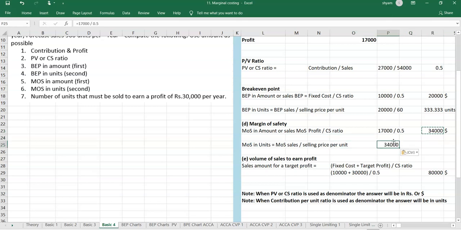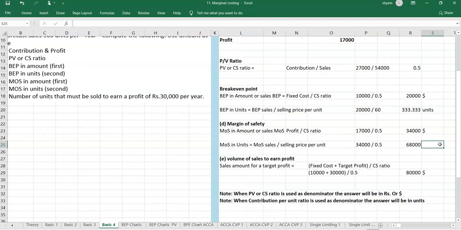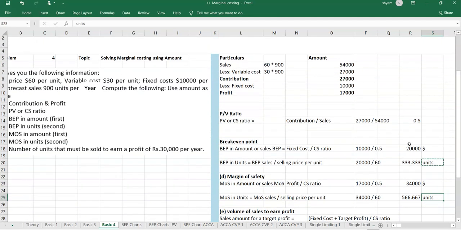So 34,000 is the MOS sales, divided by 0.5, the PV ratio or CS ratio. Let's get the answer. So 68,000 units. Sorry, I think it should be the selling price. Sorry, the selling price is 60. So this is the units. Hopefully we got everything here.